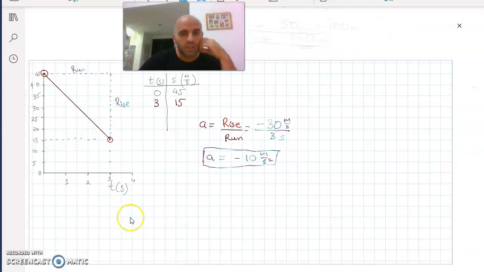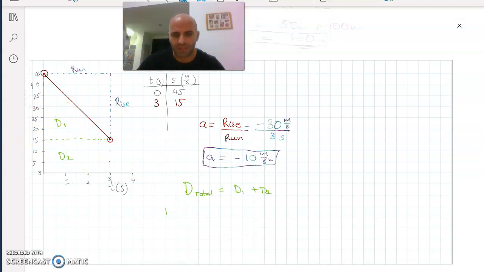So I've just zoomed out here so you can see it a little bit better. I've moved back a couple of frames. So now what I did was I marked distance 1 and distance 2, remembering that distance 1 is a triangle, distance 2 is a rectangle. I know that my total distance is going to be the sum of those two distances, and then I decided to break it down and see what distance 1 is. So distance 1 is a triangle of height 30 meters per second.